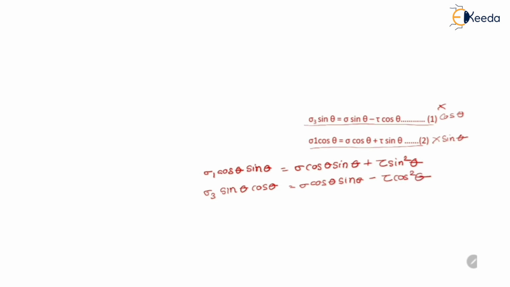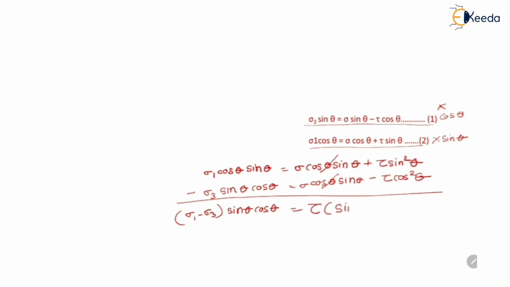So if we deduct these two equations, we will get sigma 1 minus sigma 3 into sin theta cos theta equal to, these two terms will get cancelled, tau into sin square theta plus cos square theta. Minus and minus sign will become a plus sign.